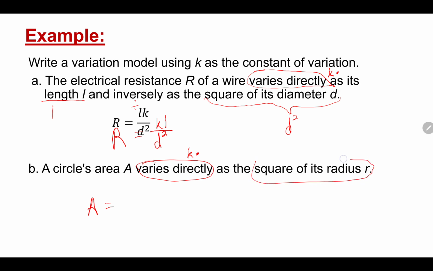So this piece is R squared. So K times R squared, or K R squared. And there we have it.